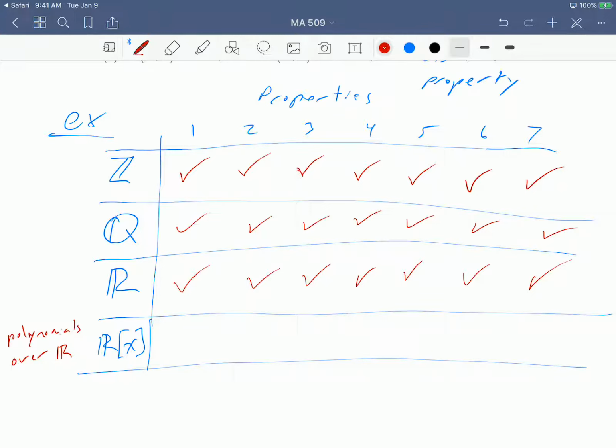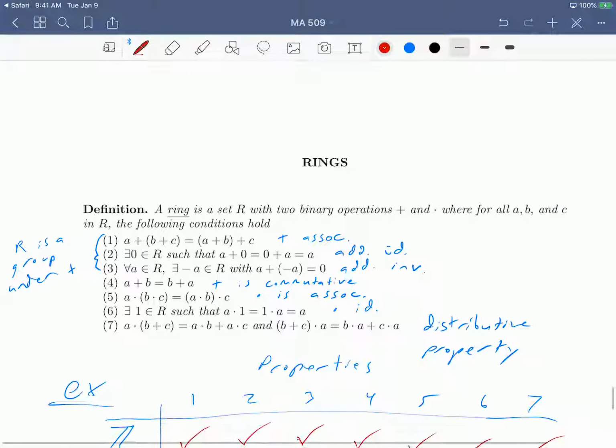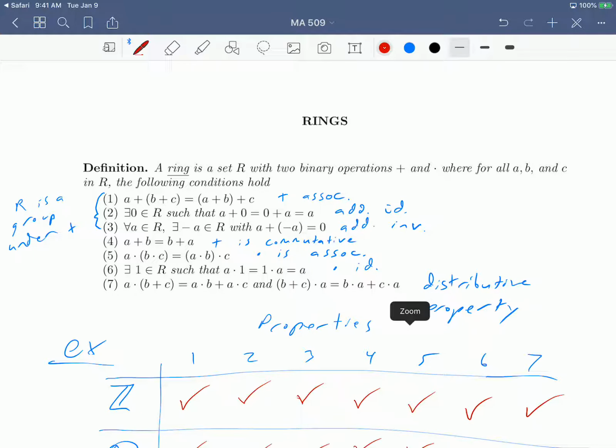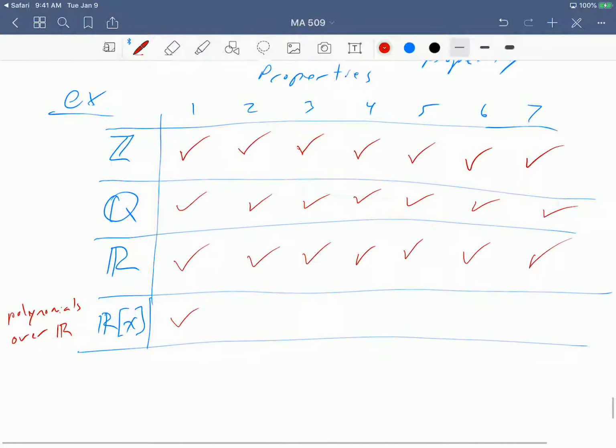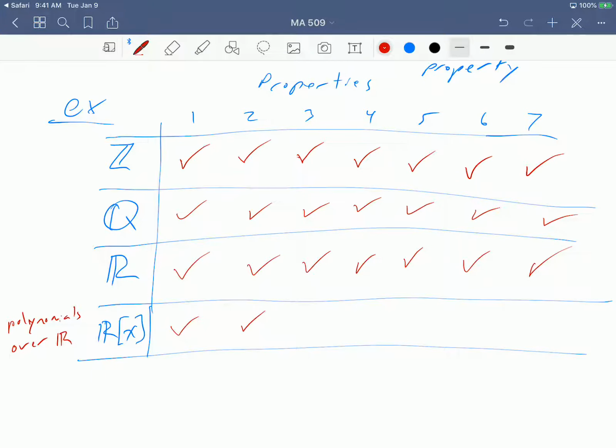All right, so property 1, that was addition is associative. We know how to add polynomials, and it was an associative addition. We had a 0 polynomial. We have additive inverses for our polynomials. And addition of polynomials is commutative for sure.